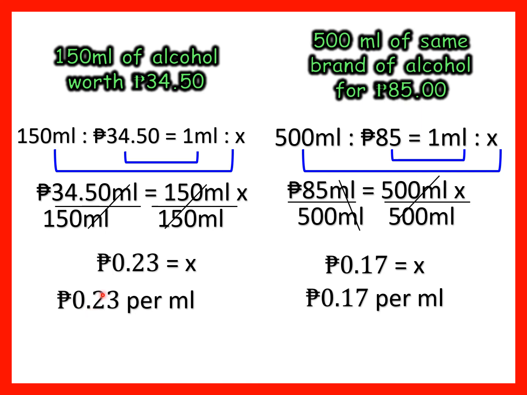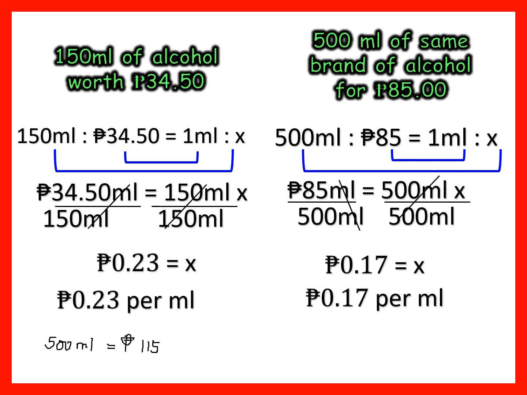So 0.23 multiplied by 500 is 115. In 500 ml the cost is 115 pesos. Compared to 85 pesos, you can save as much as 30 pesos, because 115 minus 85 is 30 pesos.